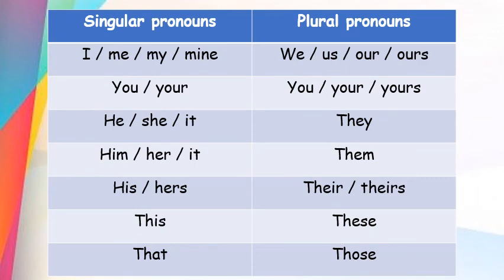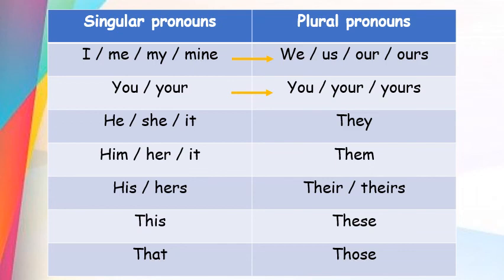We have seen the rules to change nouns from singular to plural. Here is a list showing singular and plural pronouns which take the place of nouns. I, me, my, mine changes to we, us, our, ours. You, your changes to you, your, yours.